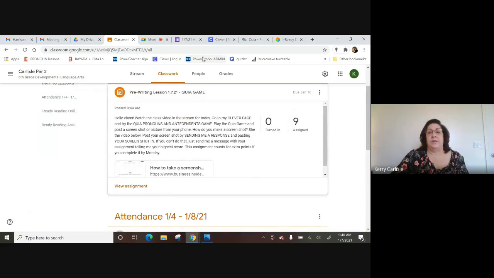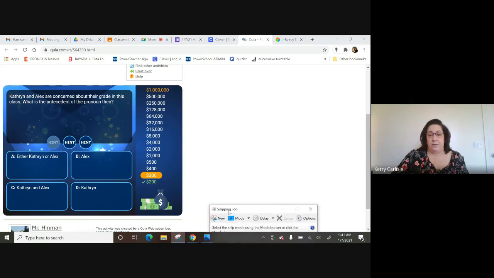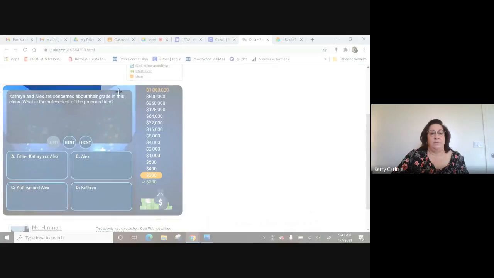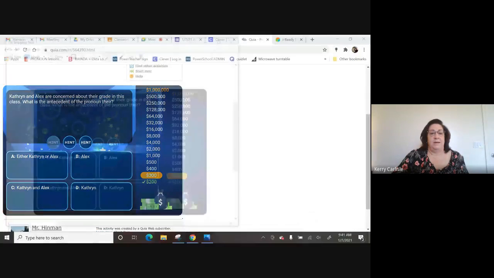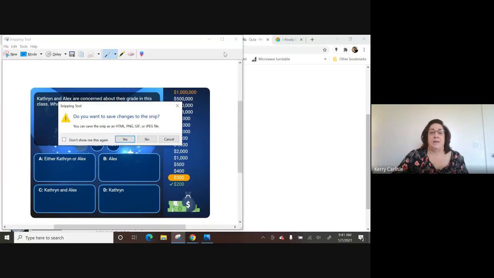You're going to take a screenshot of your Kia game when you're done. You'll notice that there's the snipping tool, is what it's called. Snipping tool is the easiest way to do it. If you click new and your screen goes kind of white and you do this little thing right here, you can either save it to the desktop or you can right click and copy it and paste it into something that you send to me.